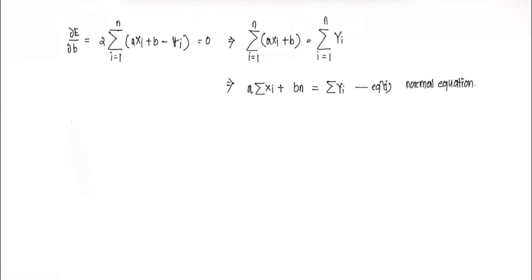So the constant is taken out. 2 sum of i equal to 1 to n of a xi plus b minus yi equal to 0.